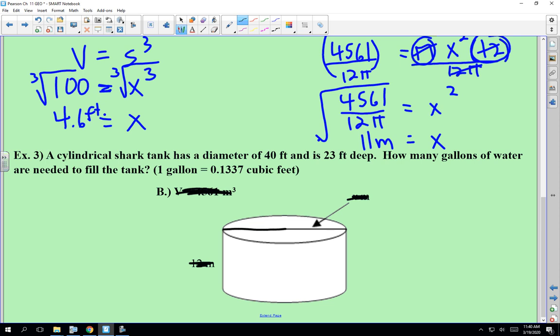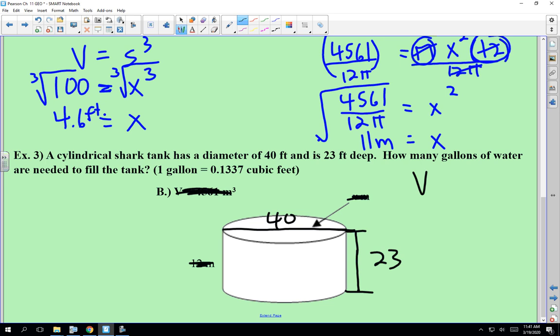So the diameter, it's all the way across, is 40 feet. And it's 23 feet deep. Good luck fitting in there, sharks. How many gallons of water are needed to fill the tank? So 1 gallon is equal to 0.1337 cubic feet. That's the conversion. We're first going to find the amount of cubic feet.